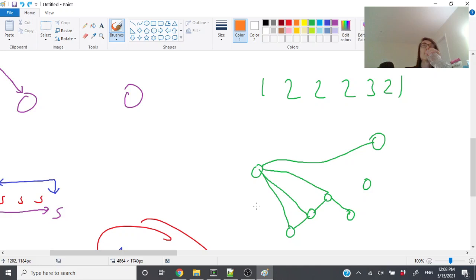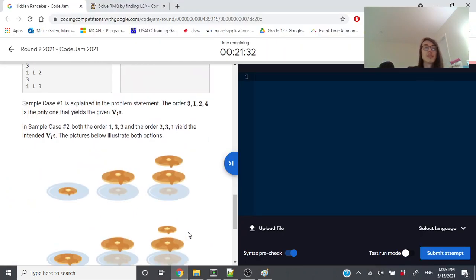Does it not? Is that not the build a Cartesian tree? I think it works this way. I don't know.